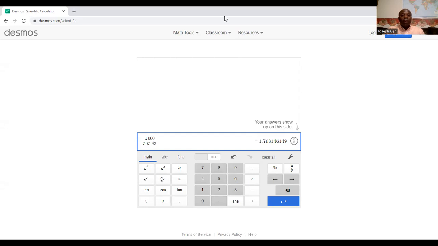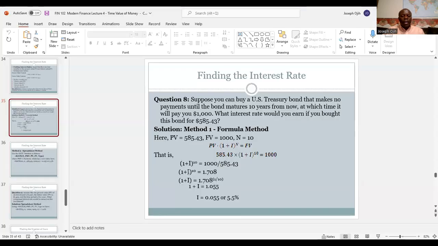You can see it on our solution. So you have 1 plus I to the power 10 equals 1.708.